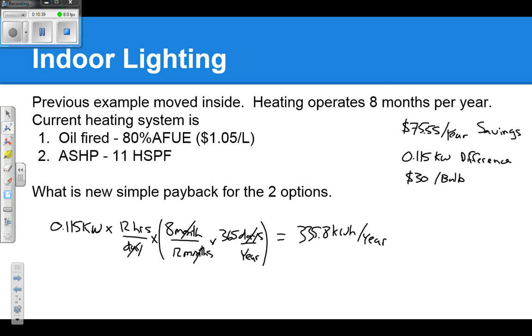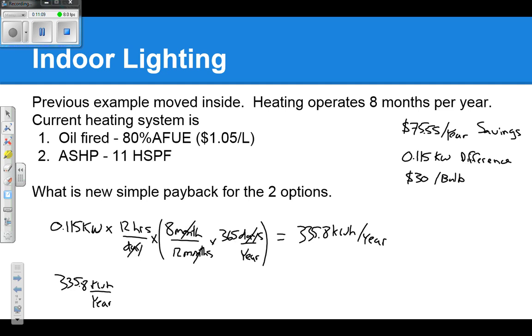That's the amount of energy that I'm going to have to supplement for these LED lights. It's 335.8 kilowatt hours per year, and I now need to convert that to oil. With oil, I'm at 80% annual fuel utilization efficiency, so some of my energy is going to go up the chimney.